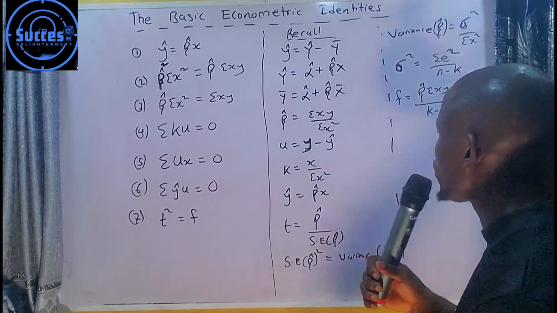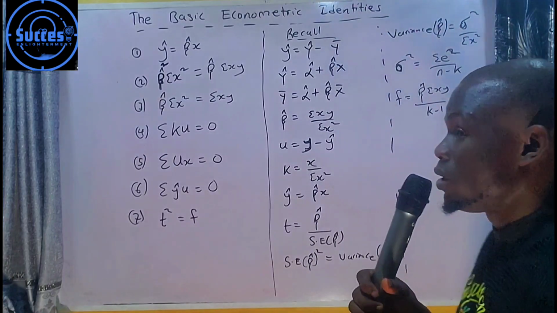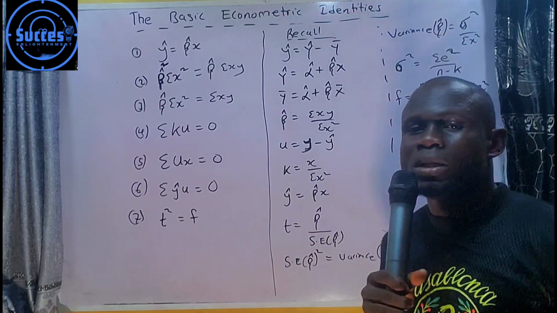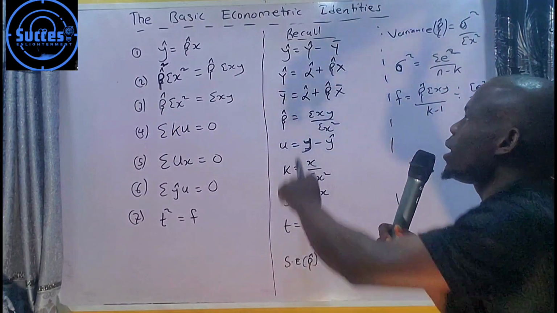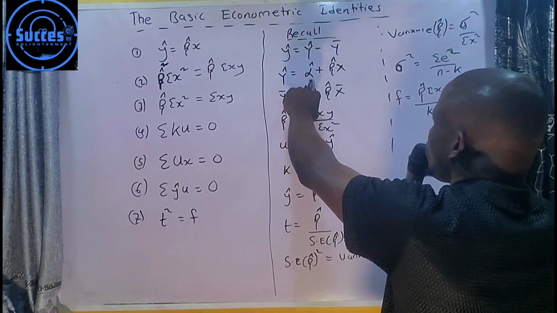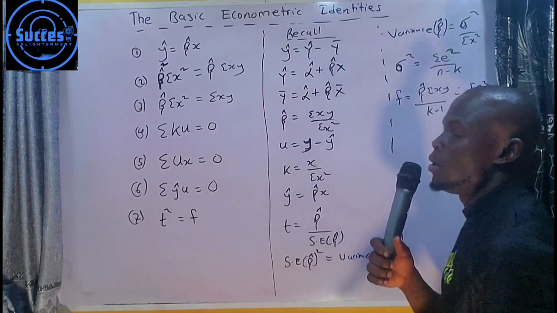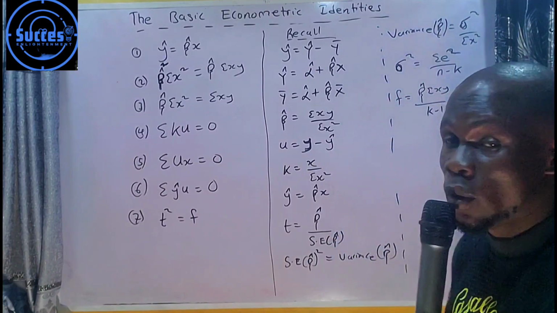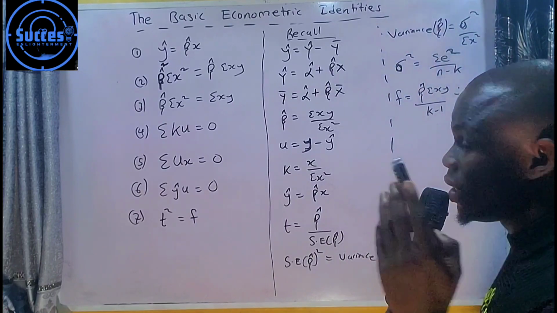So we are also given the y estimate. Small letter y estimate is the same thing as capital letter Y estimate minus Y bar, that is the mean of Y. So our capital letter Y estimate is alpha cap plus beta cap X. These are basic OLS estimates, simple regression analysis estimates.